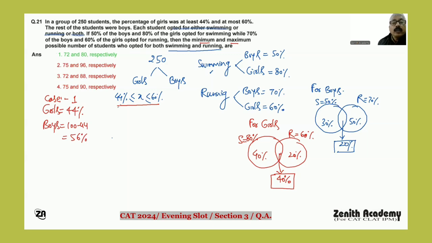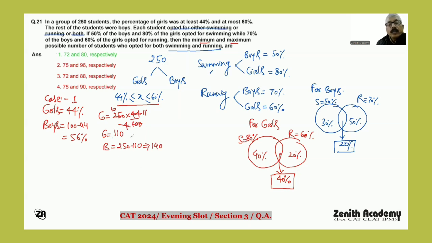Means 56%. So how many girls are there? Girls will be 250 times 44%, that is 110. Okay, girls 110 and boys 56%, simply boys 250 minus 110, it is 140.